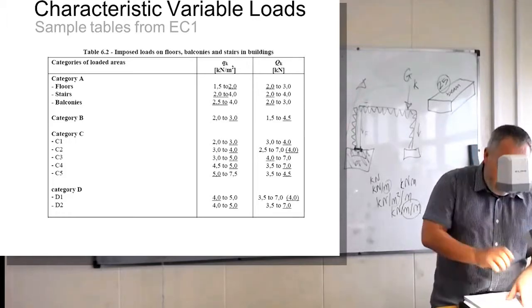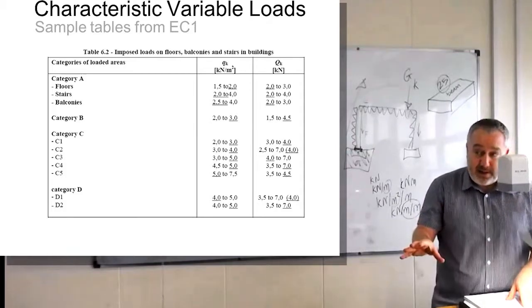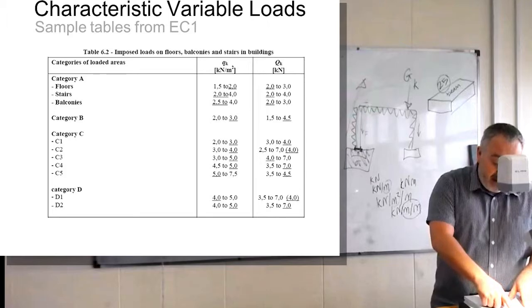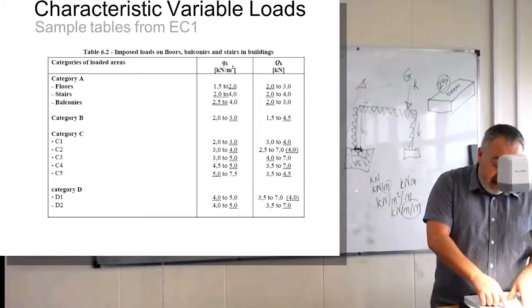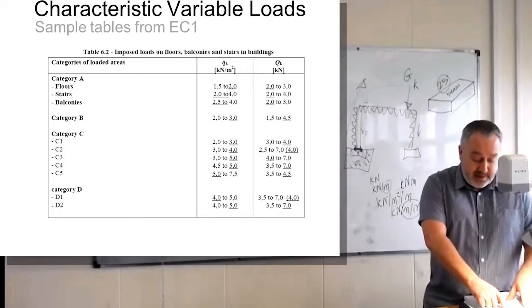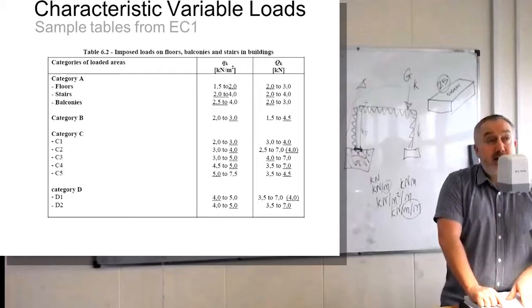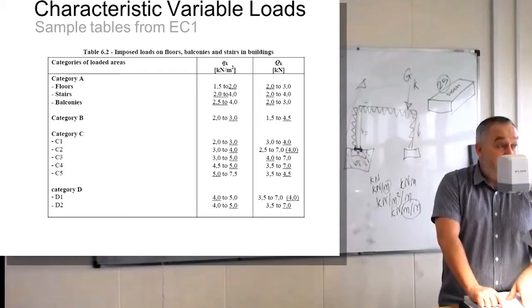So if we were designing this building, this room, we'd be using a UDL of 3 to 4 kilonewtons per meter squared. Where it's underlined, that's the recommended value. So you always use the recommended value.